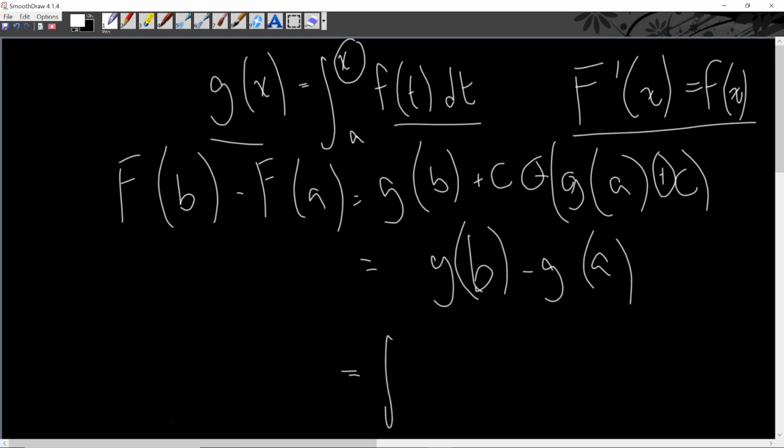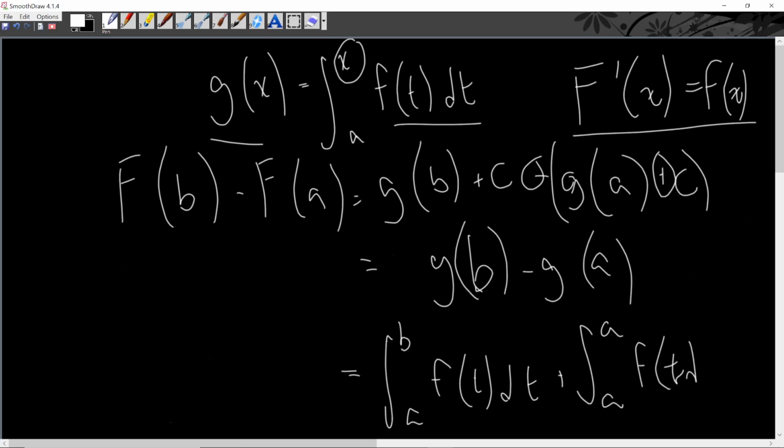So when we plug in b for x, we'll have the integral from a to b of f of t dt minus the integral from a to a of f of t dt, which again, by one of our earlier proofs, we know is supposed to evaluate just to 0.